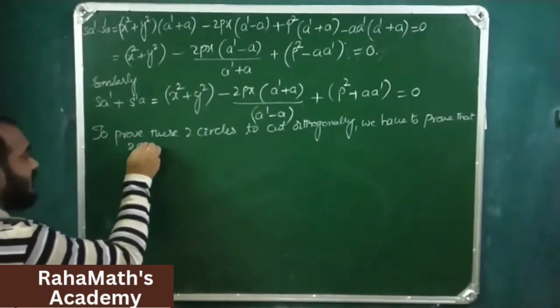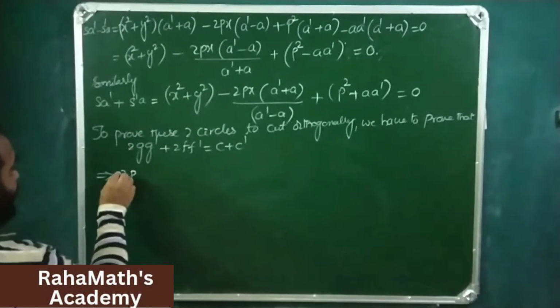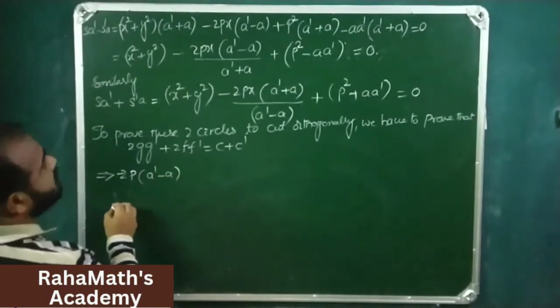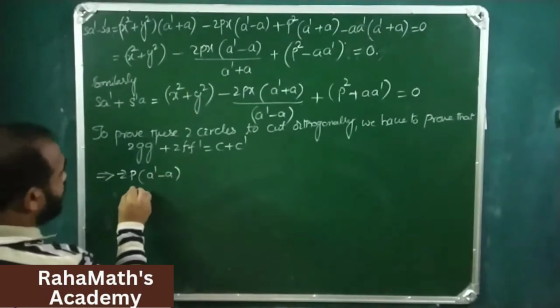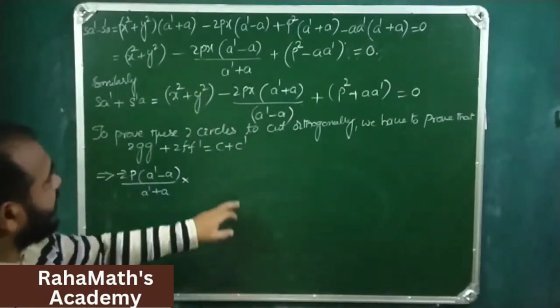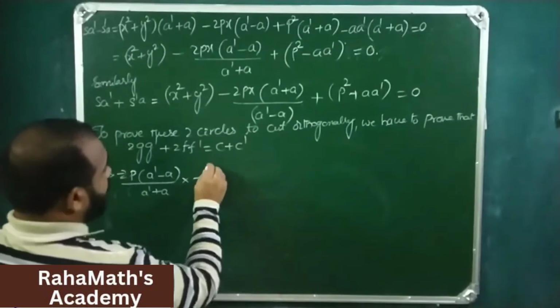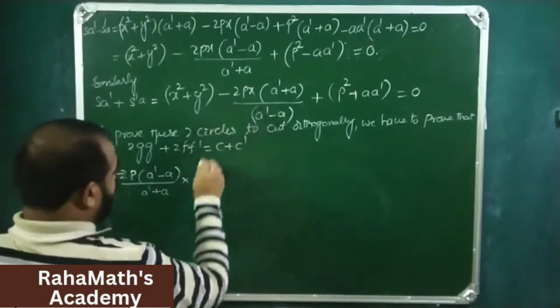That implies 2g is how much? This could be compared with the 2gx. So here g is p into minus p into a dash minus a by a dash plus a into g dash. Actually, the formula has 2 as default in the formula itself.